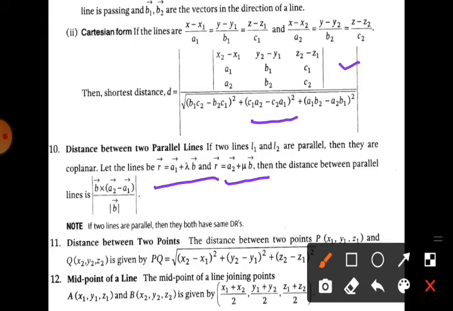Then the distance between the parallel lines is modulus of B vector cross A2 vector minus A1 vector, divided by modulus of B vector. Important note: if two lines are parallel, then they both have the same direction ratios.